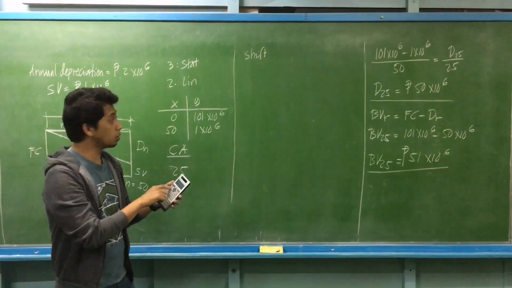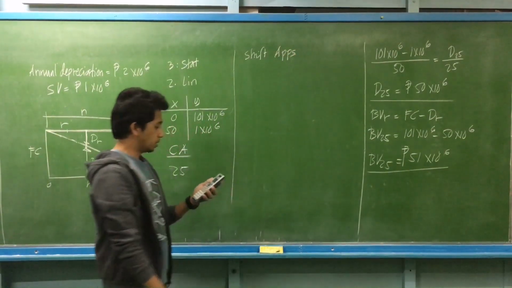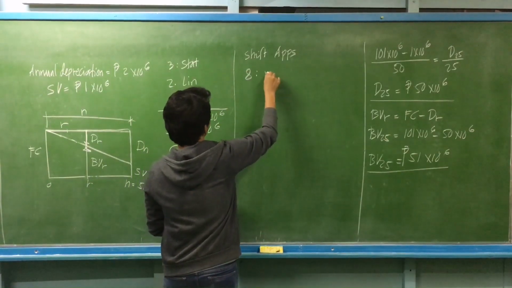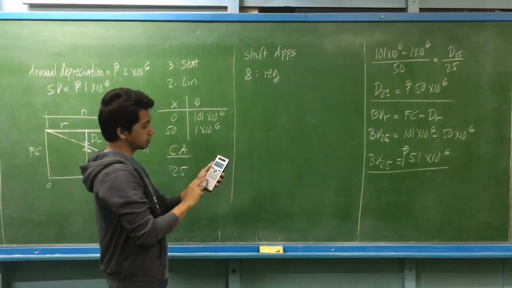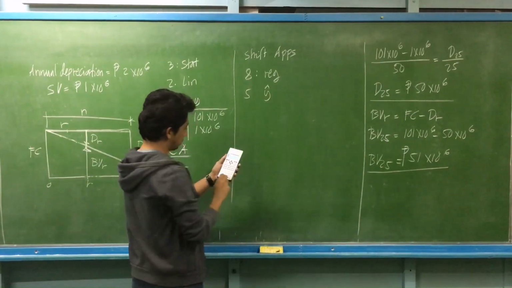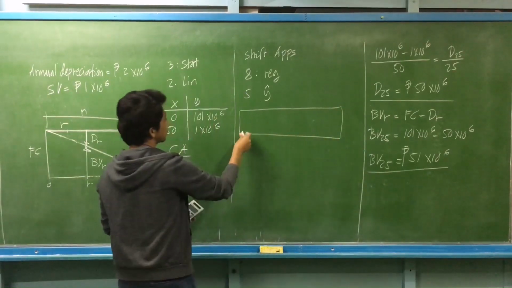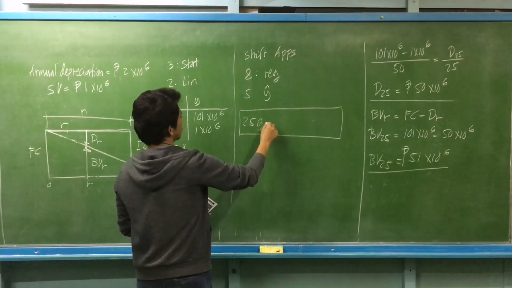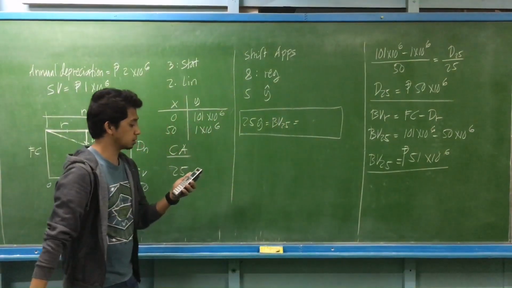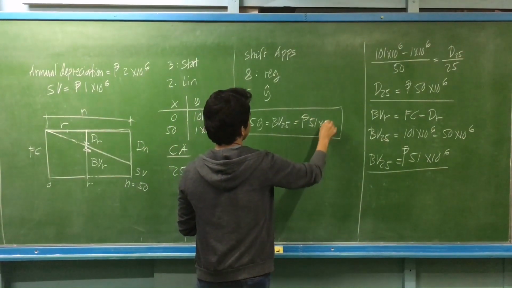Shift, tapos yung ups. So shift ups, then hanapin nyo for that is obviously number 8. Ito yung regression. So number 8. Then number 5 for the y hat. So number 5 tayo. So dapat yung nasa screen ng calculator is 25 y hat. That is the same as book value number 25. Then press equals. It is equal to the same as 51 million.